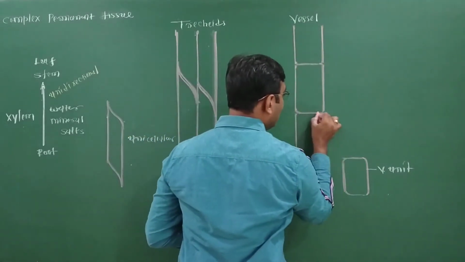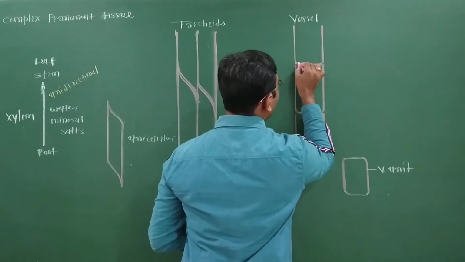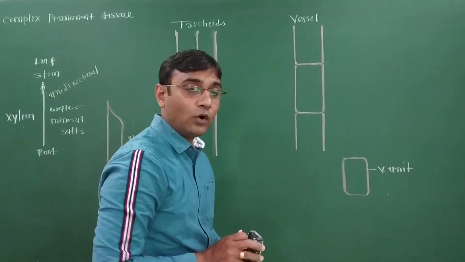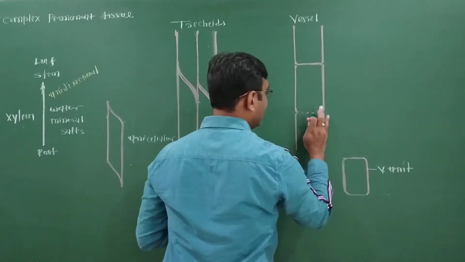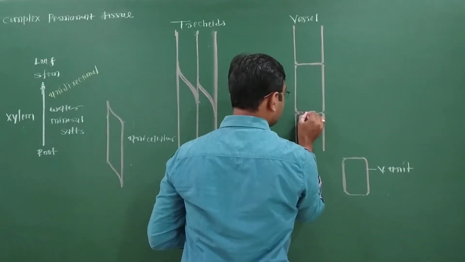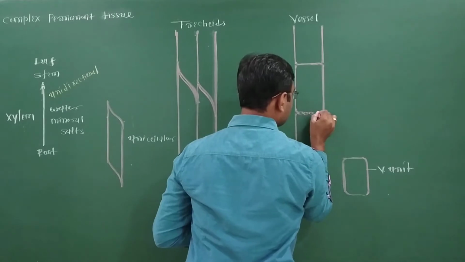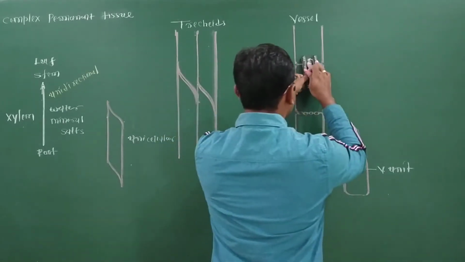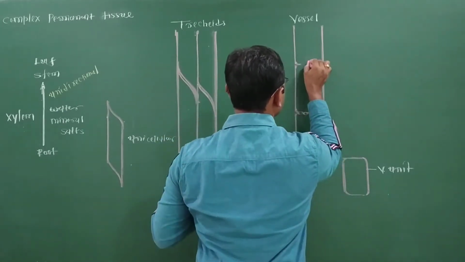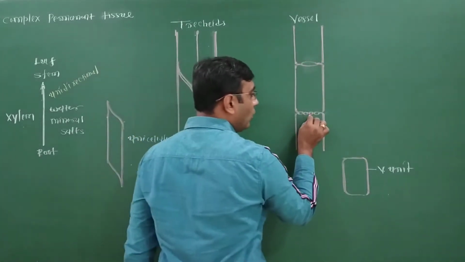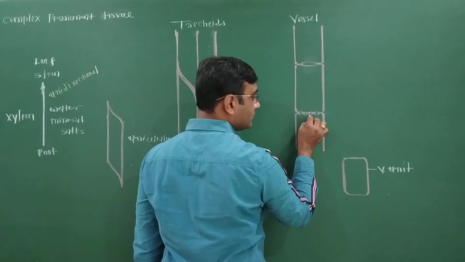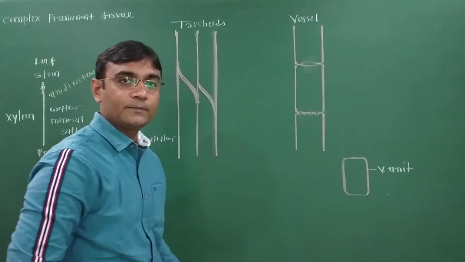This is the common wall present between the two vessel units. This common wall is porous, meaning it has many pores, or it has one single large pore. Two options: the common wall has either many pores or a single large pore.